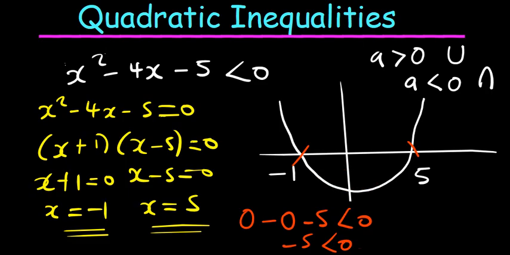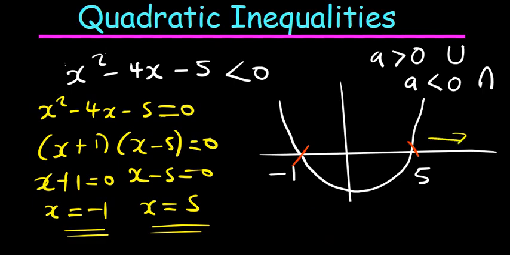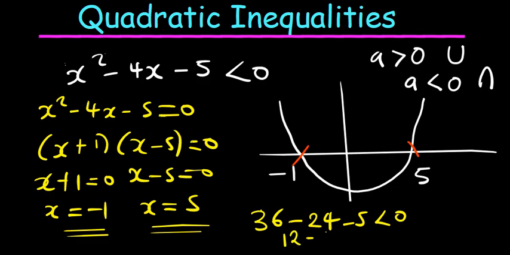Okay, let's now get the region where we have bigger numbers that are greater than 5. Going this side, let's say we pick a 6 and we put it in the equation. 6 squared is 36, minus 6 multiplied by 4, that is 24, minus 5 should be less than 0. 36 minus 24 is 12, minus 5 gives us 7 is less than 0.